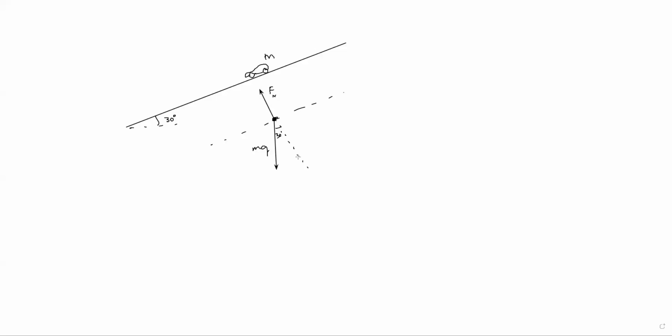We see that this force of gravity acts in the x direction, like that, and it also acts in the y direction, like that. If the car is not moving up or down, these two should be the same size.